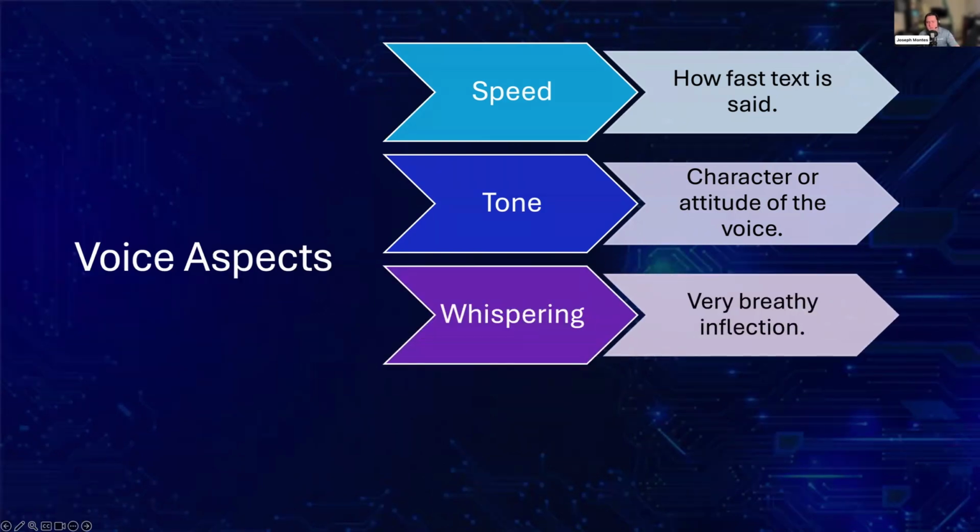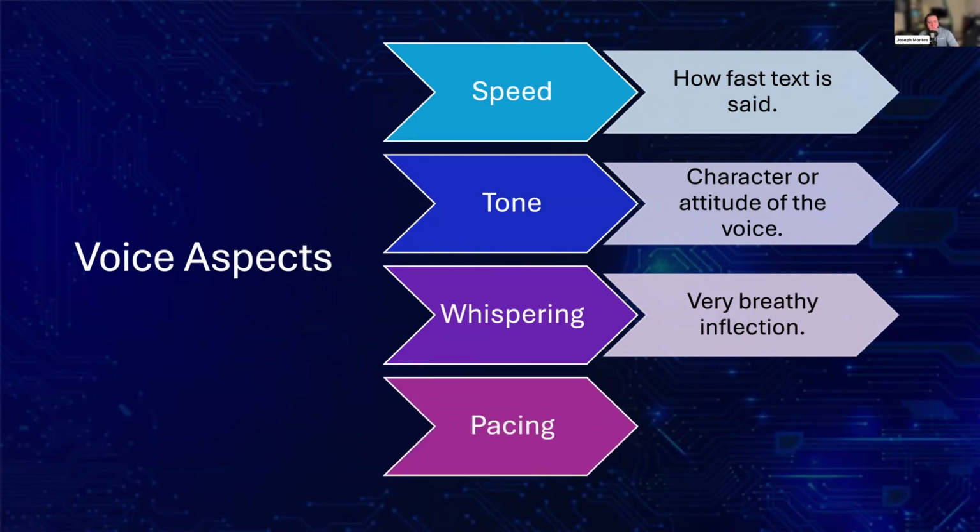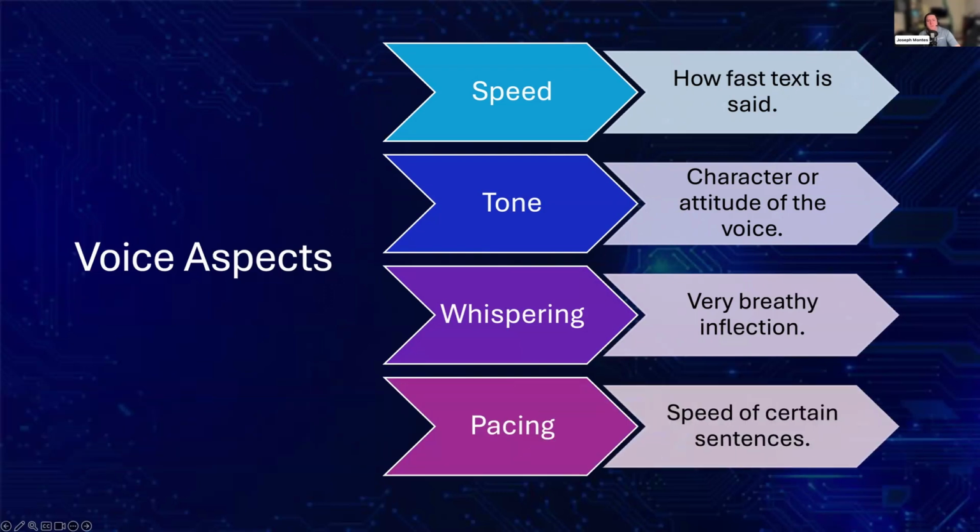Whispering is quite intuitive. It's basically telling it to speak very breathy, so it will try to speak quietly and with a lot of breathing and little vowel pronunciation. Then we have the pacing. So the pacing controls the speed of certain sentences.